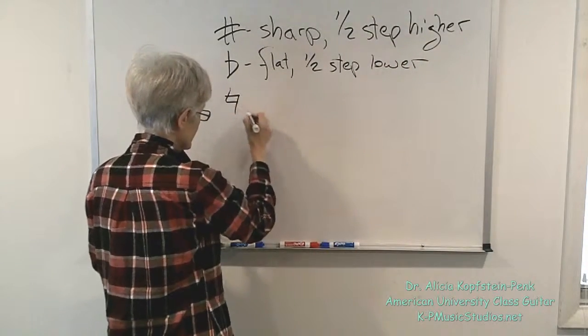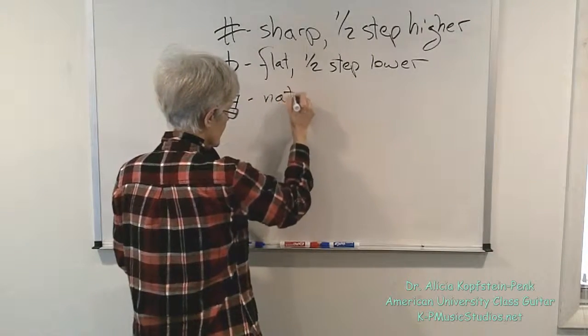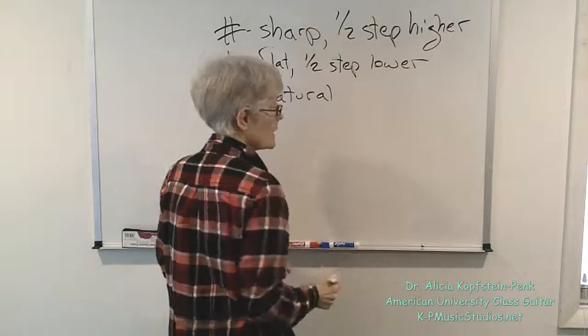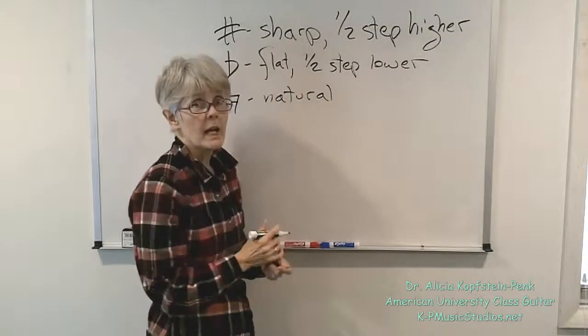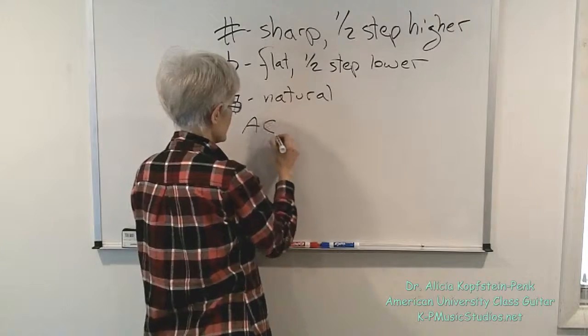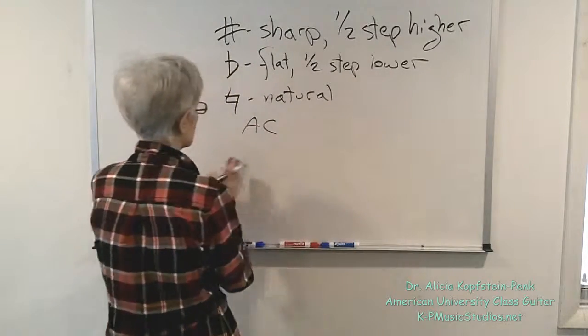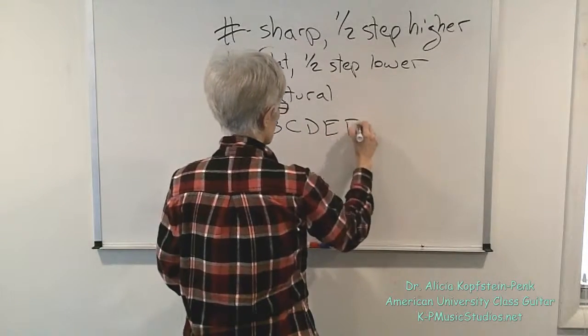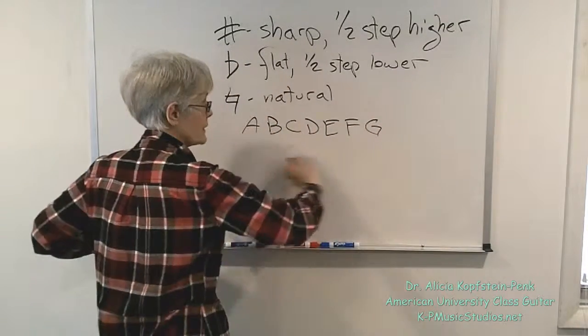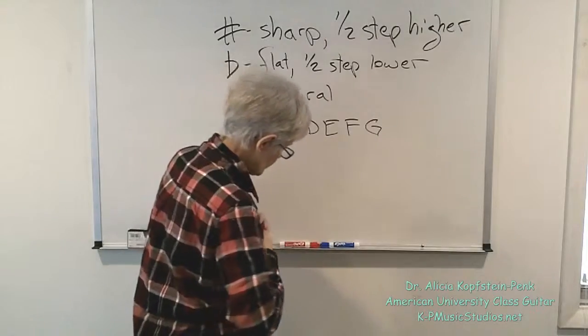Then you may see that symbol upon occasion, which is a natural sign that returns us to the natural note. It cancels the sharp or flat and takes you back to the natural notes, which are, remember, our natural notes.